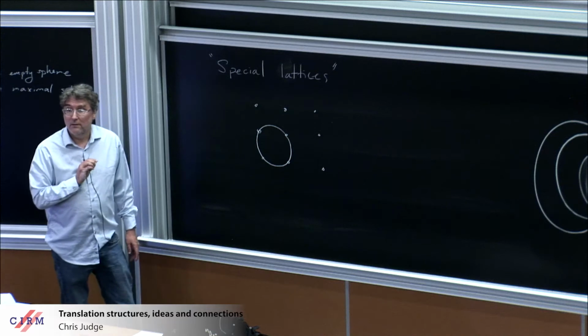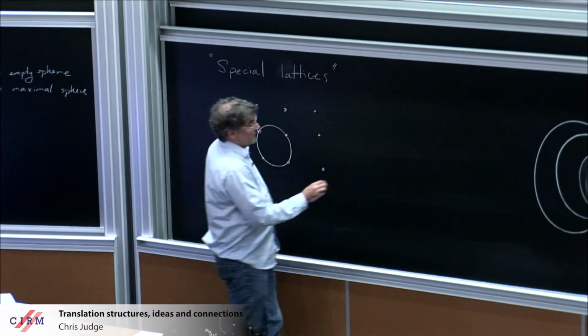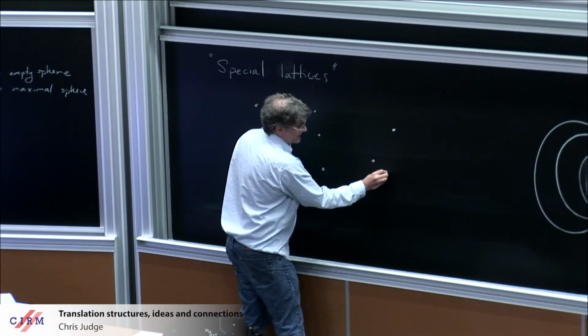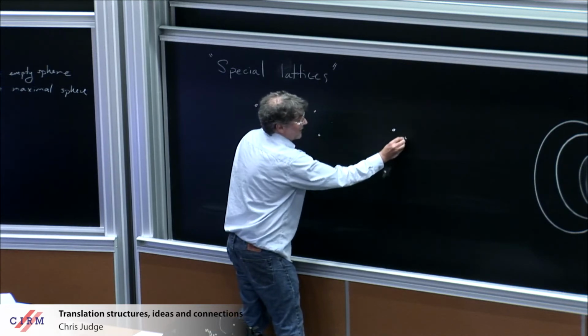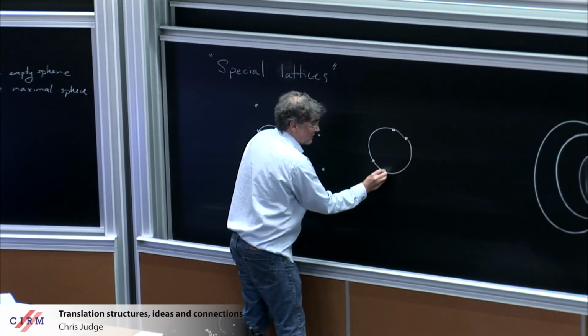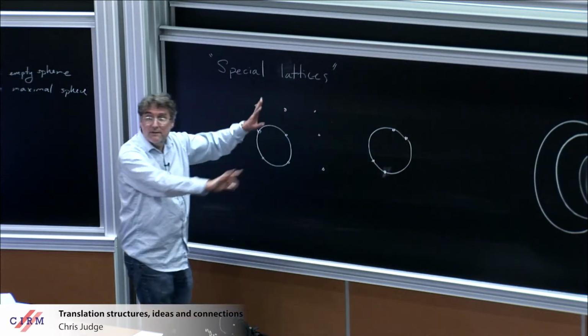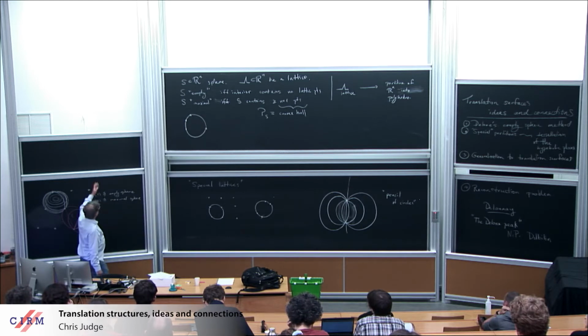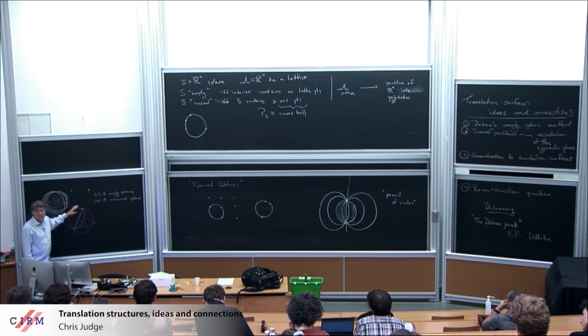And it happens in other lattices too. I could look at this lattice, and then I draw that. By lattice, I mean the natural extension. And so there are situations where you have more than 3 points, or in general, more than n plus 1 points in n dimensions.